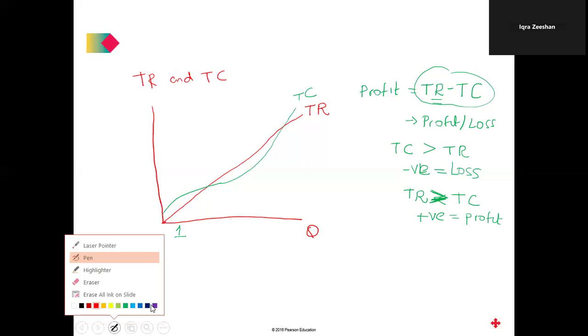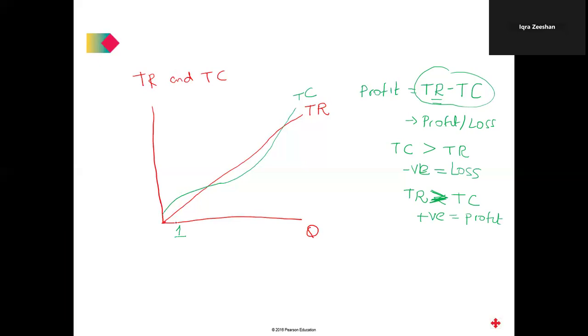at production level of 1, the total cost is represented by this point, and let's call this point B. And at production level 1, the total revenue is given by this point.